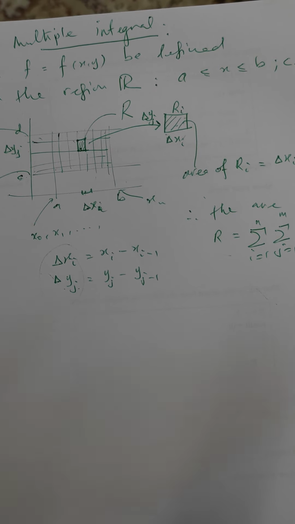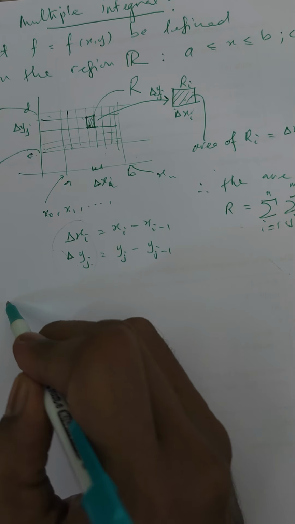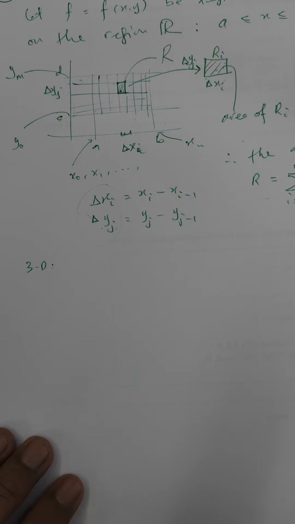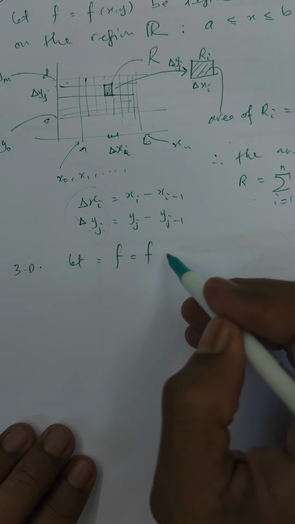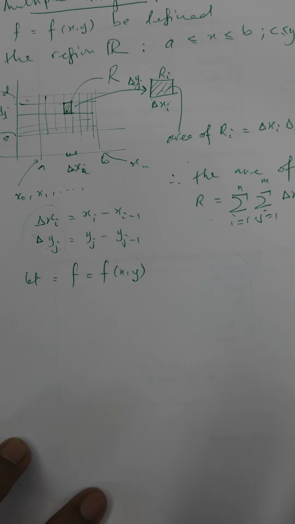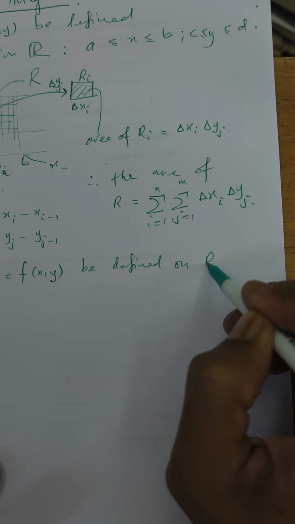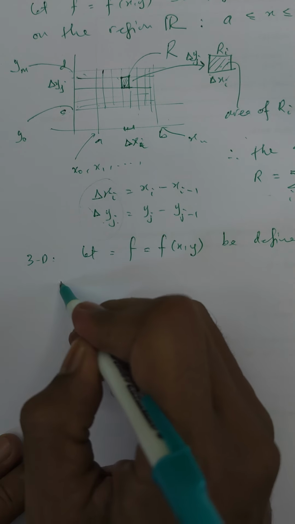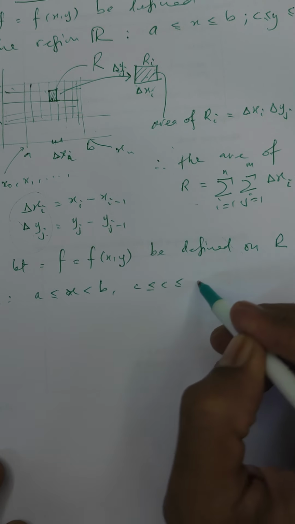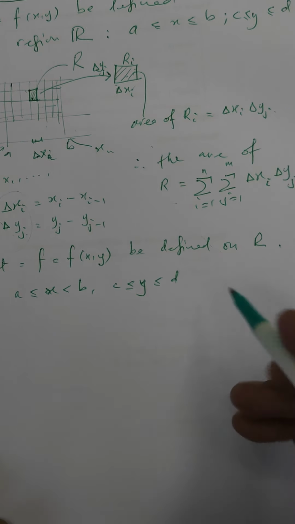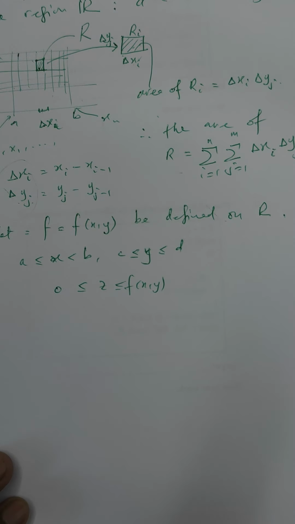Okay, so that's for two dimensions, on the xy plane. If it involves the z axis, let's consider the 3D case, where we let f be a function of x, y defined on R, where R is given as a to b for x and c to d for y, and we have z less than the function of x and y.